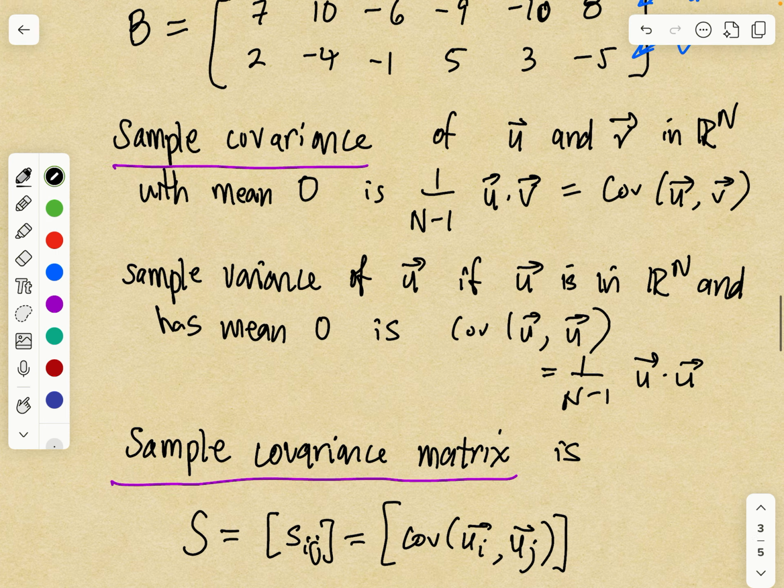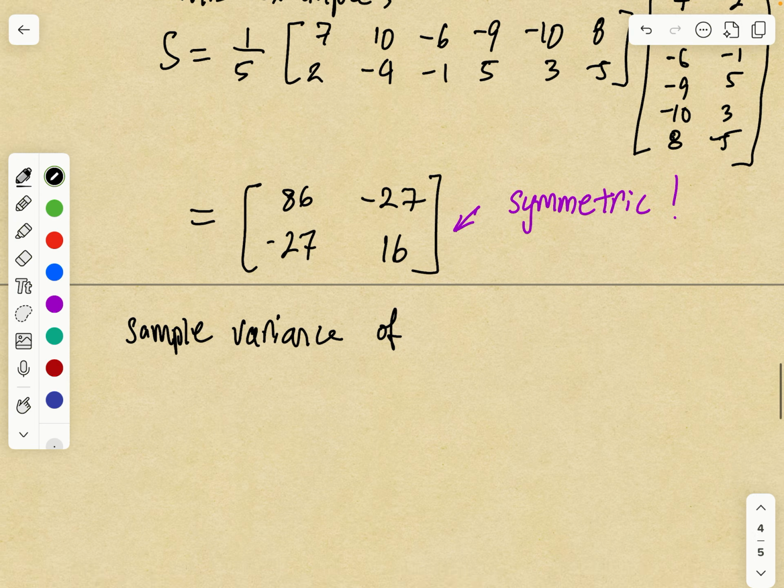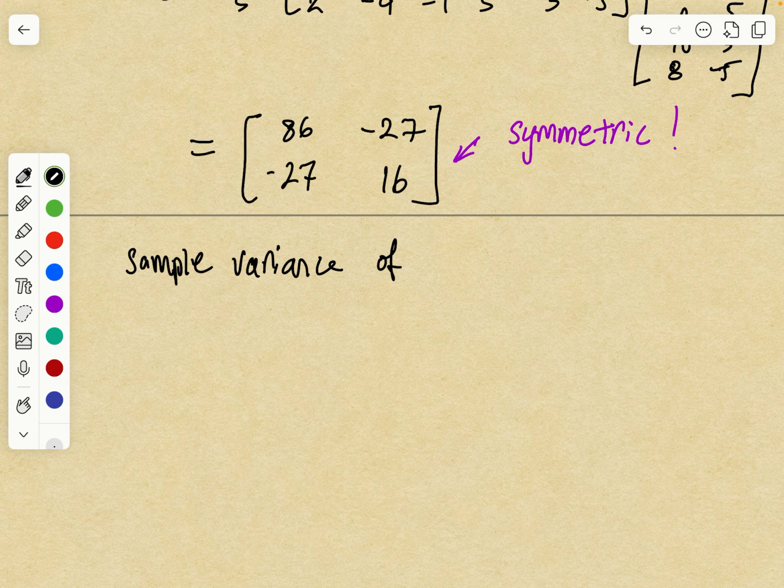I call these vectors u and v. So let's say I had the sample variance of cu plus dv, where c and d are constants.